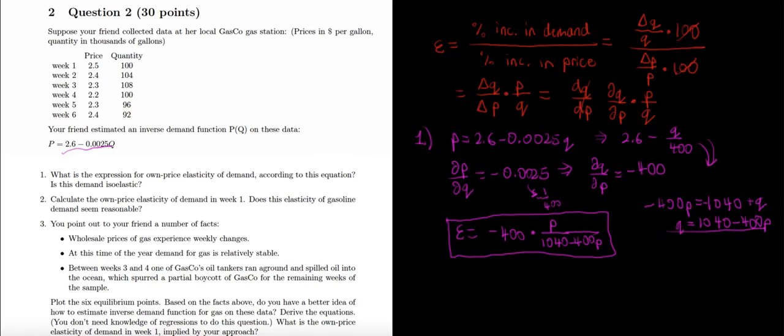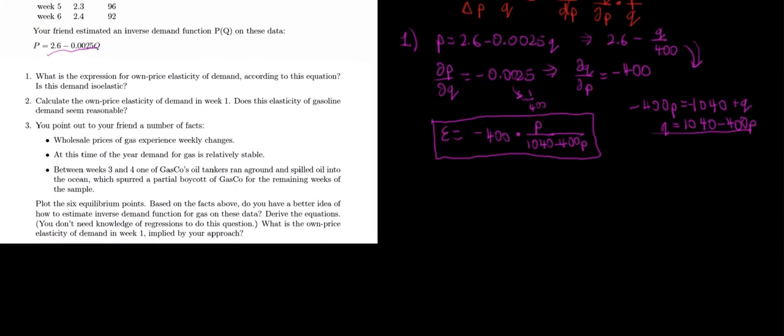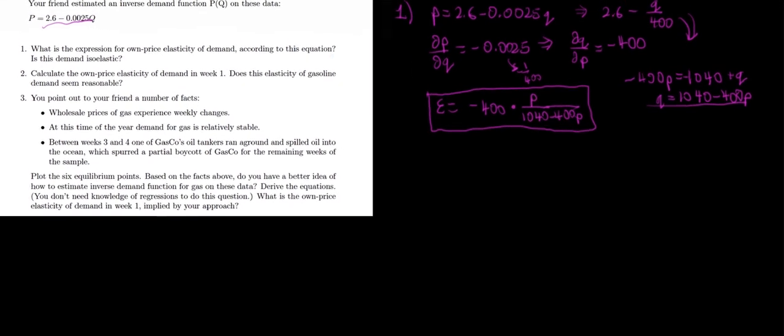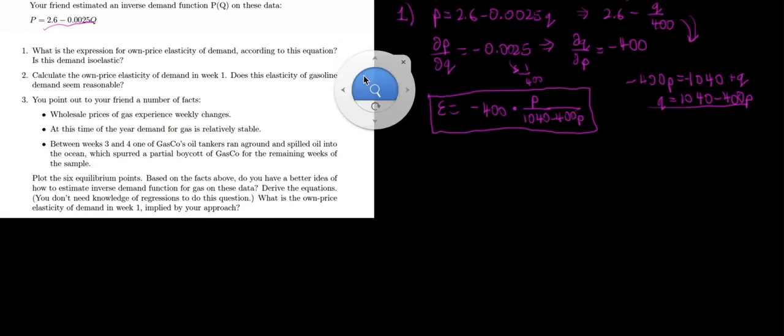Okay, so let's move on to question 2. Let's calculate the own price elasticity of demand in week 1. So let's use a different color for this. Now we just plug in the price at week 1.